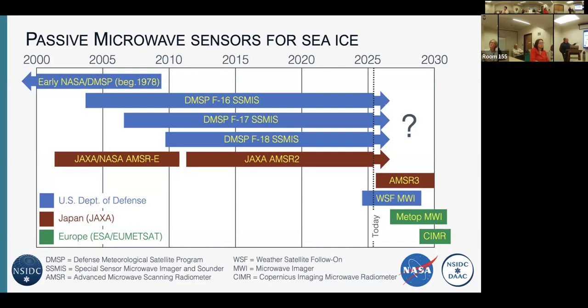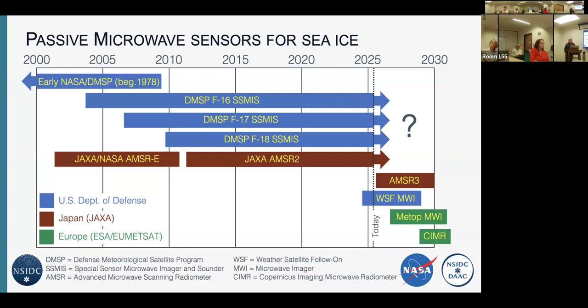Yeah, so these are kind of the main sensors that we have used and that are used internationally. China has the Fengyun FY, yeah, or something like that. They're passive microwave sensors, but we don't have ready access to those through NASA and others.